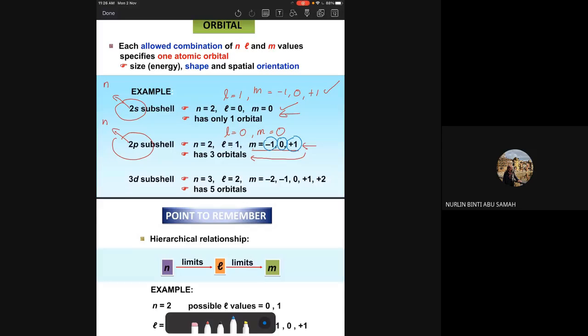Okay, 3 orbitals. Kita kalau boleh terus direct 3 orbital saja. Okay, so here kita ada 3 kan tadi. Okay, so sekarang ni ada 3 orbital untuk this kind of combination.